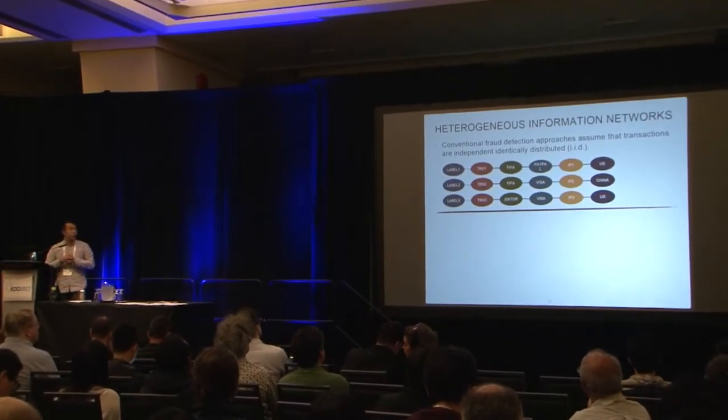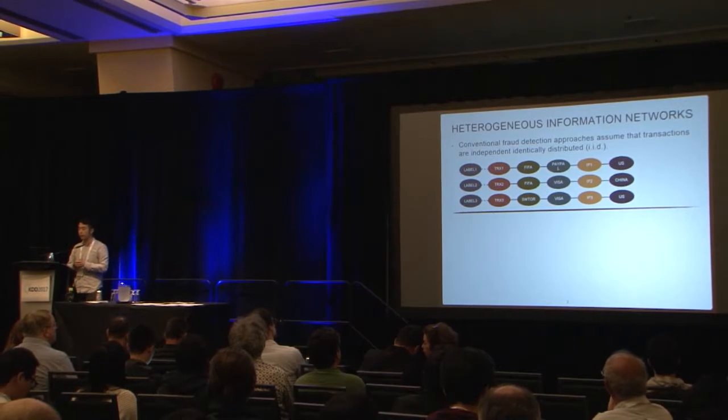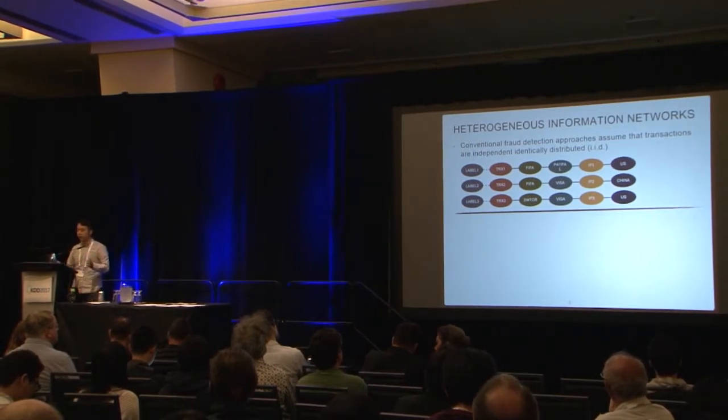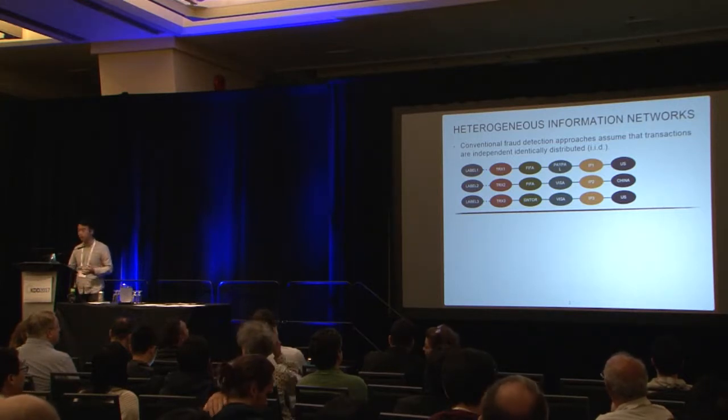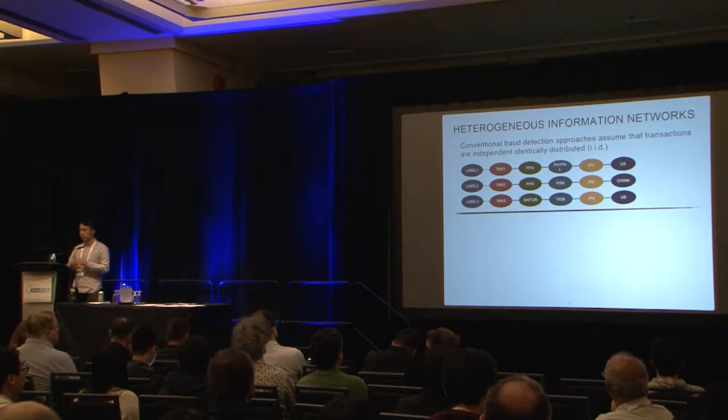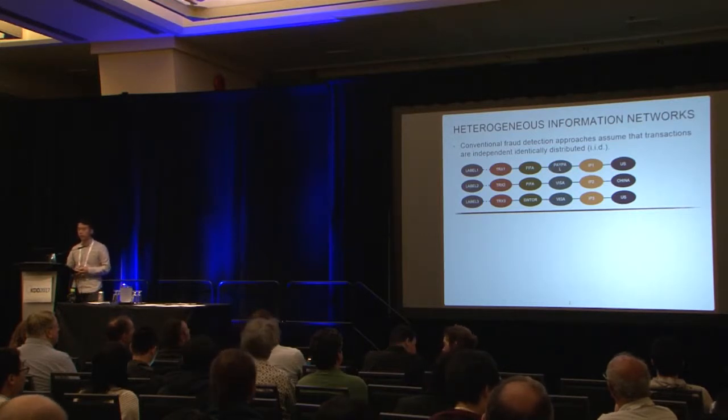So fraud detection from a supervised learning perspective is essentially a prediction or classification problem. Conventionally, in many fraud detection pipelines, we train machine learning classifiers based on all the given attributes and features to classify whether a transaction is fraud or not.